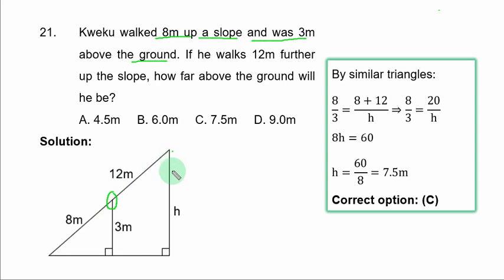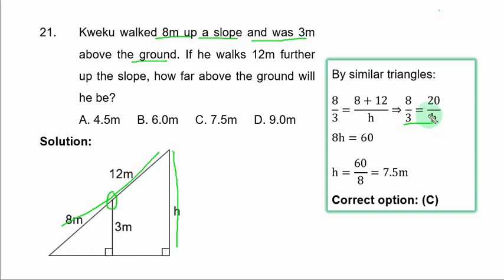Total height is needed. By similar triangles, 8/3 from the first triangle is equal to this whole length, 8 plus 12, that is 20, over the entire height, that is h. So you have 8/3 equal to 20 over h.